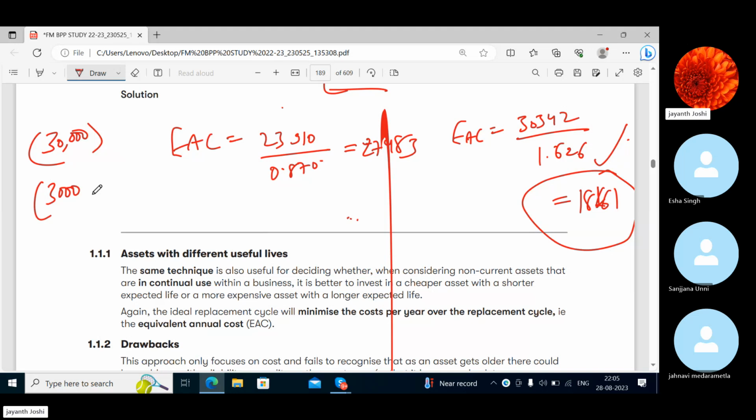First year running cost and second year 4,000 is the running cost. And 7,000 is the resale value. So these two I adjusted and wrote 3,000 positive value.